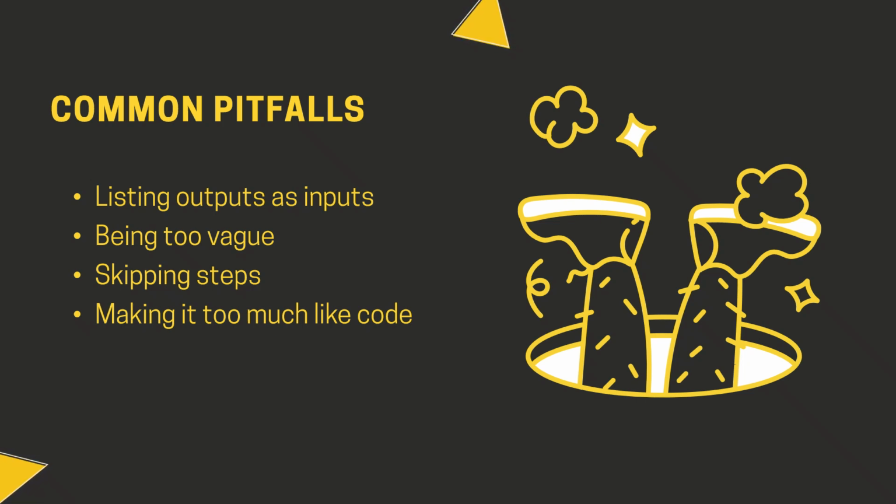Remember, IPO charts use plain language, not any kind of programming syntax. I always say, think about if you were talking to a child, or someone who really didn't understand how a calculator would work. You'd have to say that you add the first number and the second number, things like that.